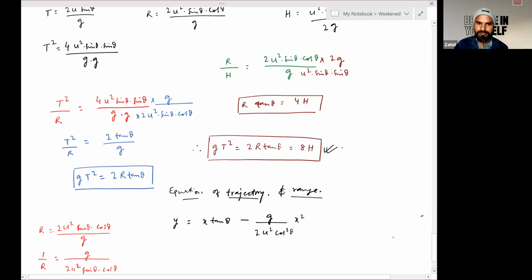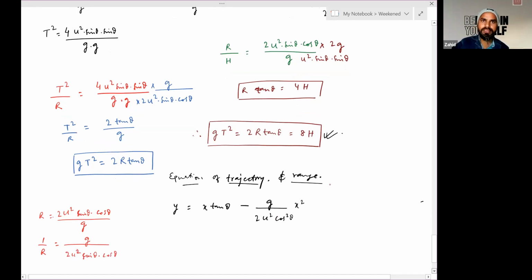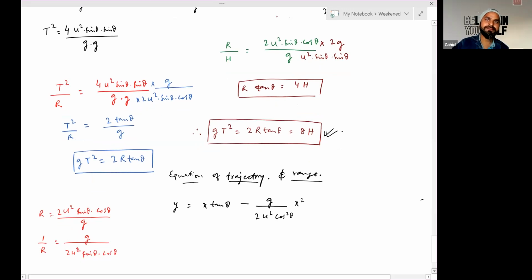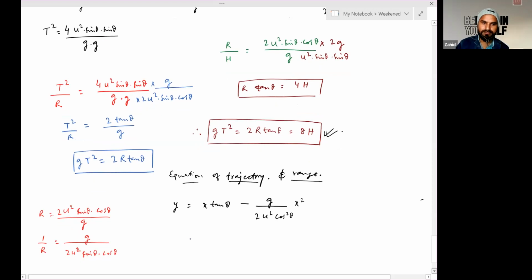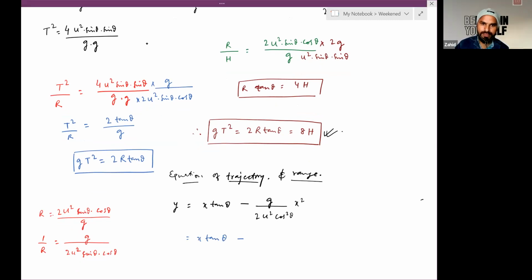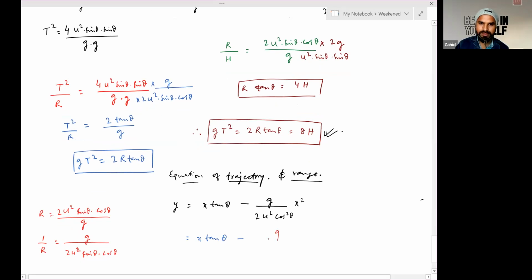Now, if I rearrange this equation as x tan theta, first term, minus, we may rearrange this expression as g divided by 2 times u square. I multiplied sine theta, then cos theta.